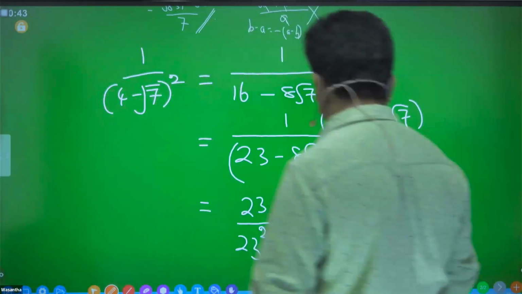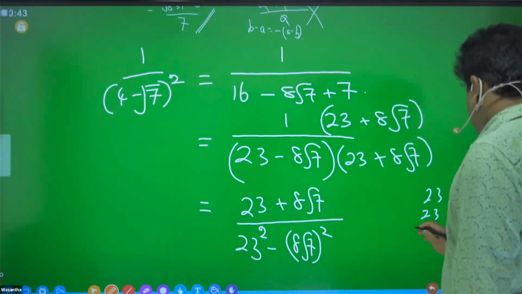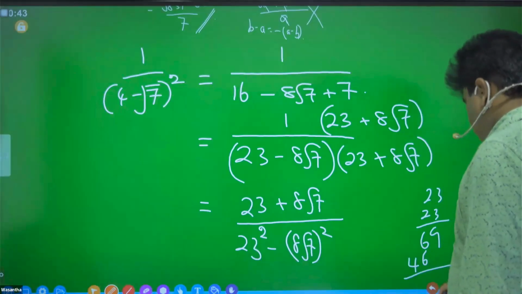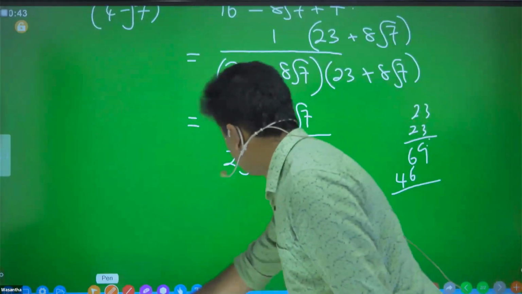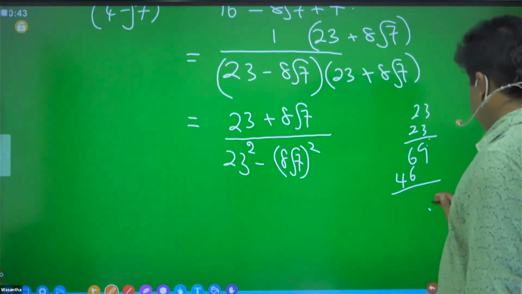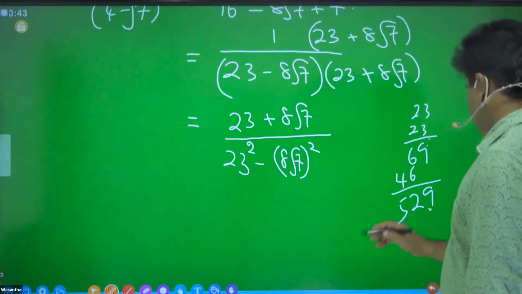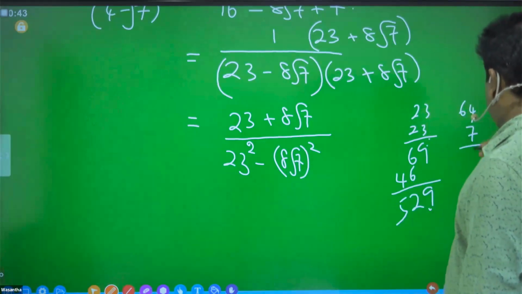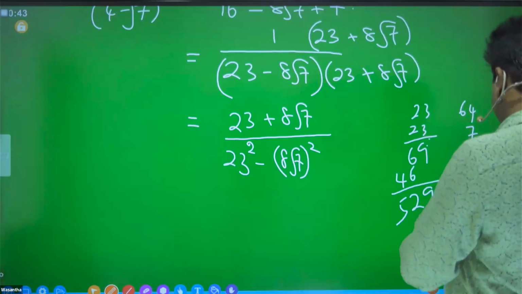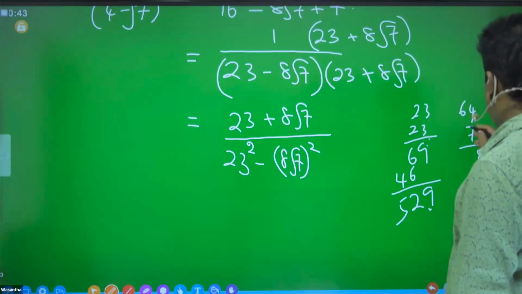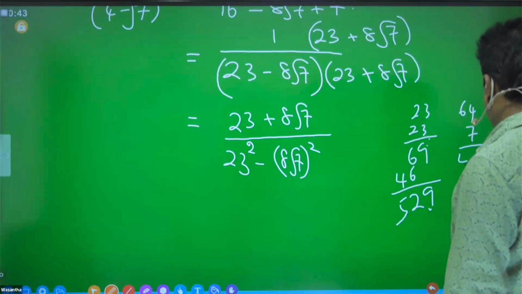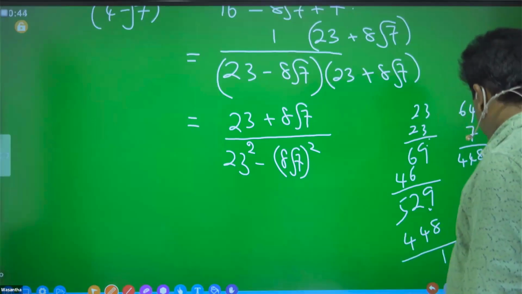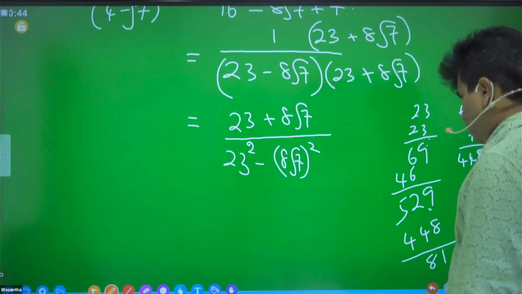Again you can see 23 squared is 529, and 64 multiplied by 7 is 448. Then 529 minus 448 gives 81.